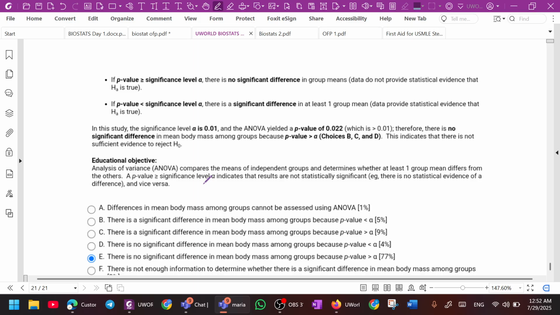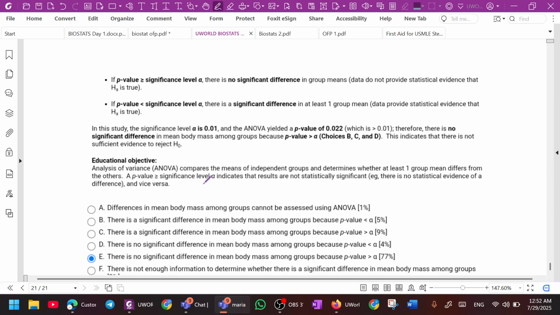Data do not provide statistical evidence that HA is true. If p-value is less than the significance level, there is a significant difference in at least one grouping.